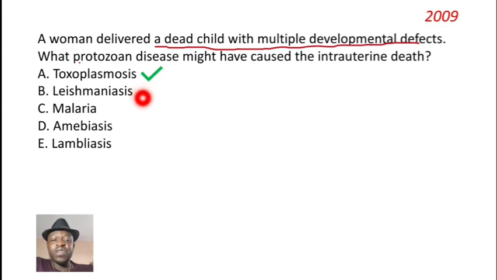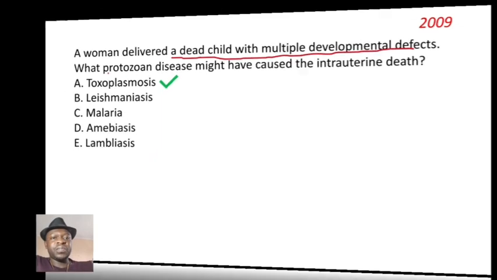I told you visceral leishmaniasis and cutaneous leishmaniasis: visceral means enlargement of the liver, spleen, and peripheral lymph nodes, etc. Malaria doesn't cause these kinds of conditions. Amebiasis and lambliasis, no. The answer is Toxoplasma.